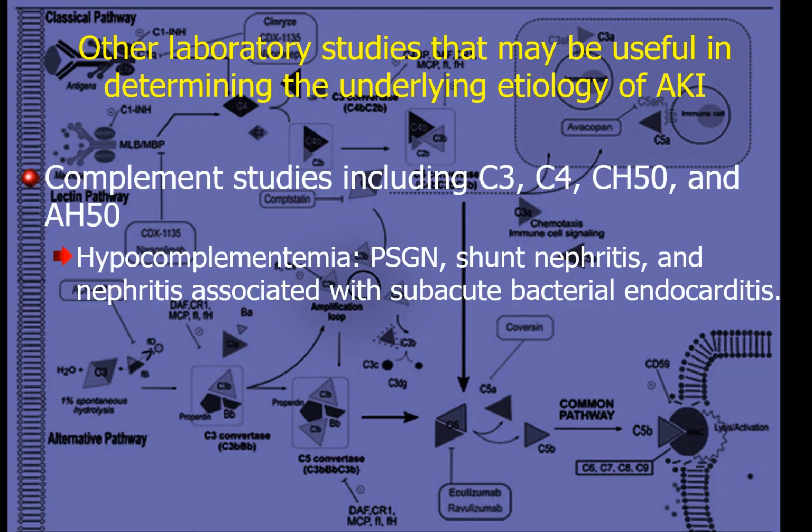Complement studies, including the determination of C3, C4, CH50, and AH50, are also useful in determining the underlying etiology of AKI. Low complement, or what we call hypocomplementemia, is seen in patients with post-strep glomerulonephritis, shunt nephritis, and nephritis associated with subacute bacterial endocarditis.